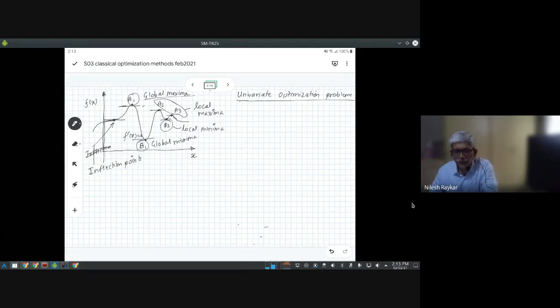Now, for such univariate optimization problems, in order to decide the maxima or minima or the optimum point, we already know what the condition is. The condition we call f dash x equal to 0. That is known as the necessary condition. For any optimization problem, you have to satisfy one necessary condition.